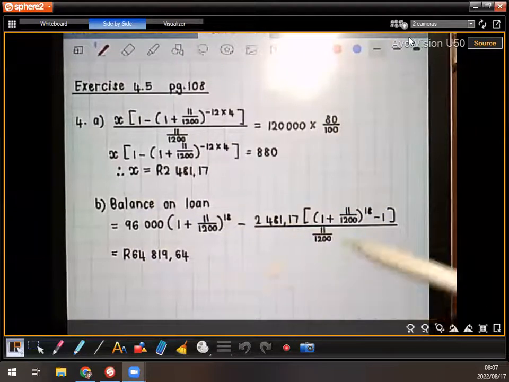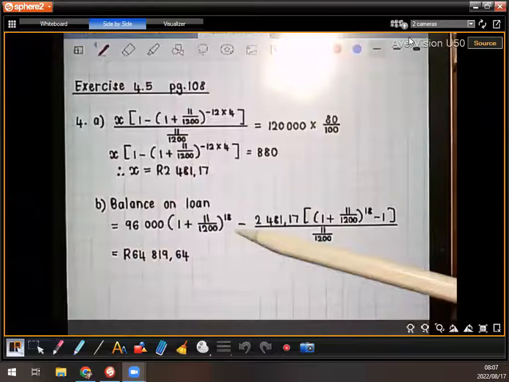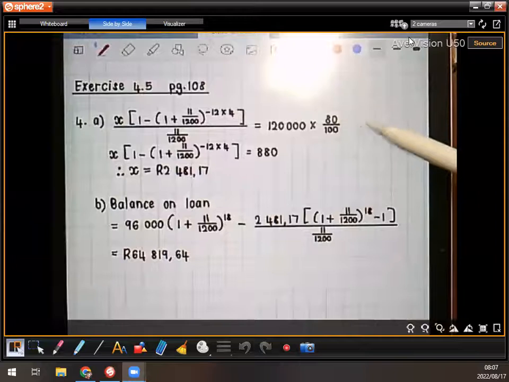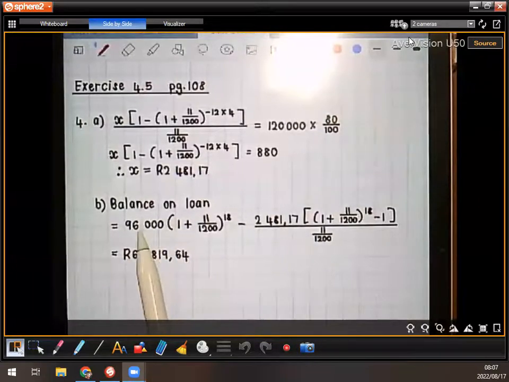All right, so the balance on loan, guys, is just the formula that I taught you yesterday. It is the normal compound interest formula, and this 96,000 is that answer there. Okay, 120,000 times 8%, that is 96,000.